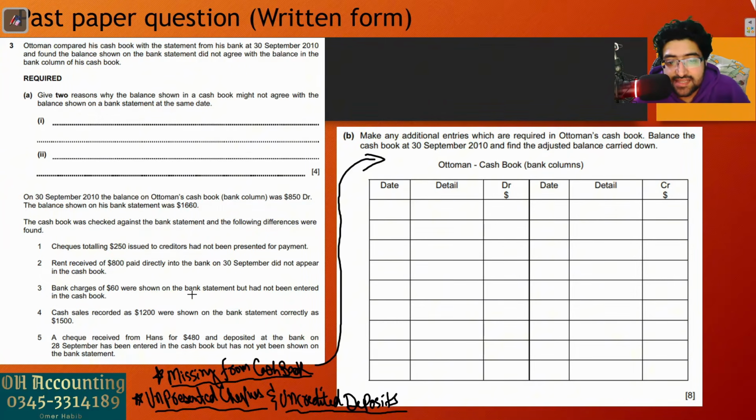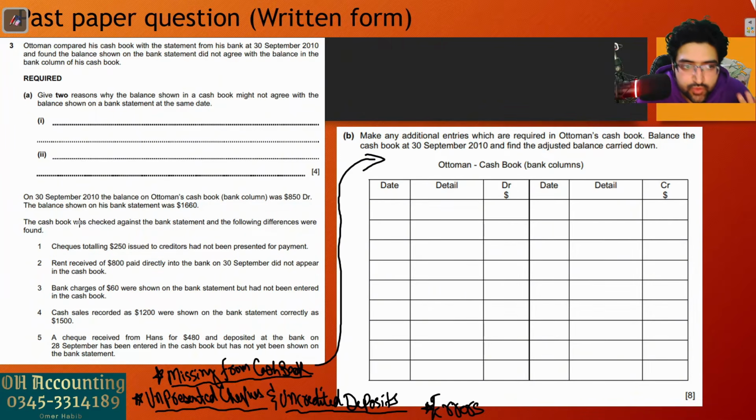So let's read this and identify these three things. We are only looking for these three things, and maybe there can be some errors which we have to look for as well. So 4 things in general: things that are missing from the cash book, unpresented checks, uncredited deposits, and errors. You have to identify each one of these as one of these 4.